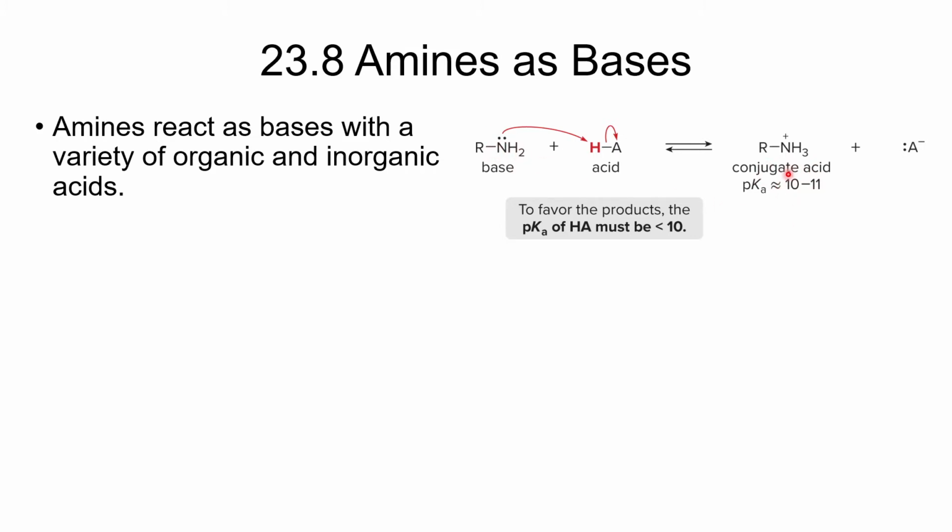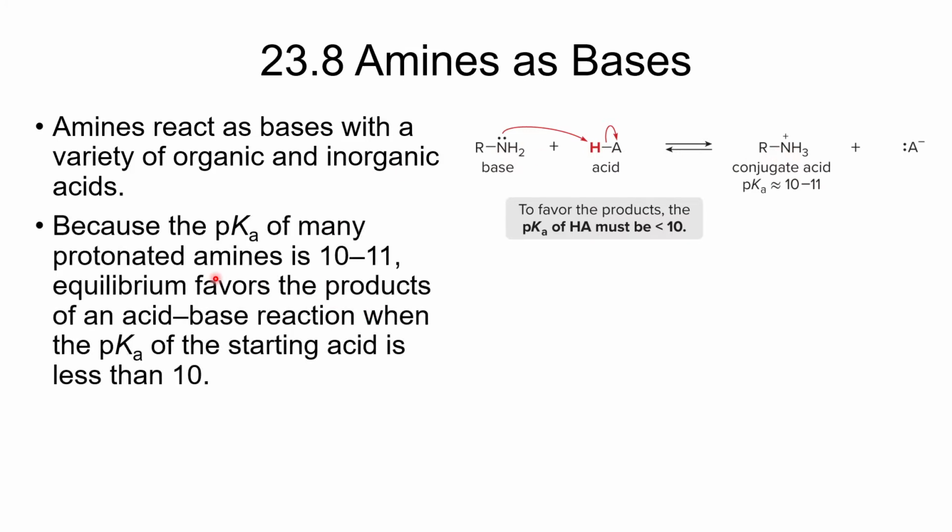With a pKa of about 10 to 11, that's not a very strong acid. If the acid we add has a pKa less than 10, we're probably going to protonate most of this and get mostly product in this acid-base equilibrium. So as long as the pKa of our acid is less than 10, we're probably going to protonate alkyl amines.